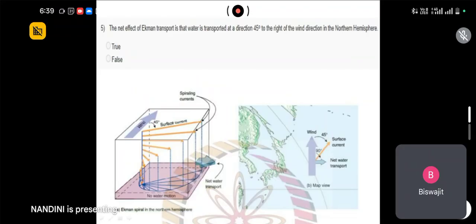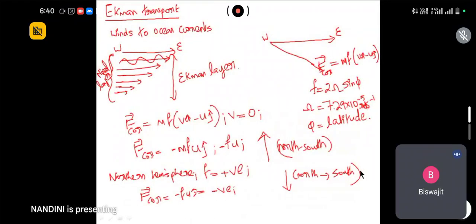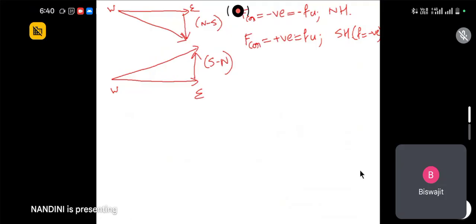Angle is increasing. So it is moving more towards that direction. So this will be 45 degrees.